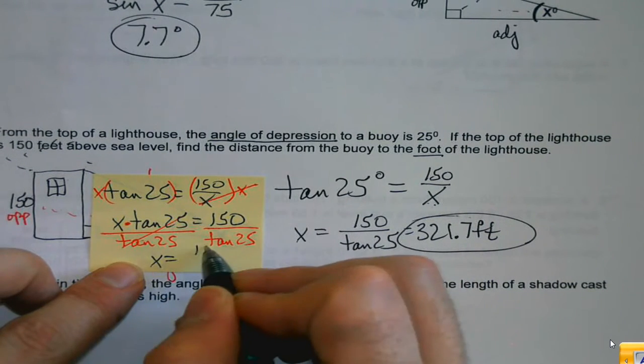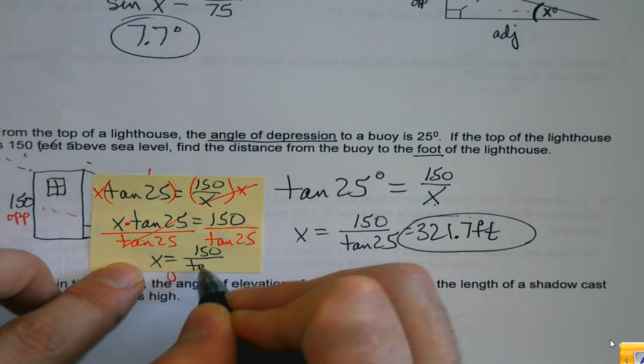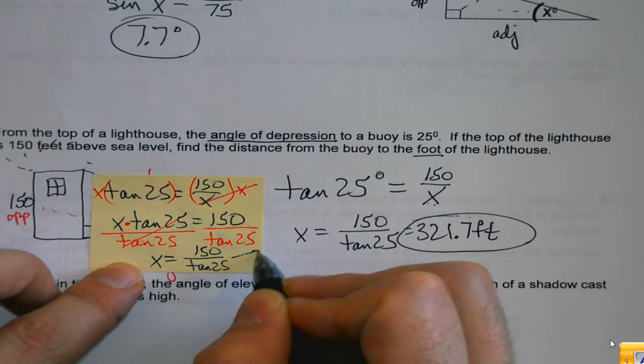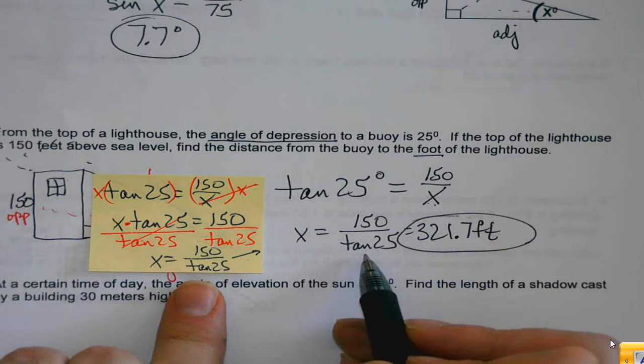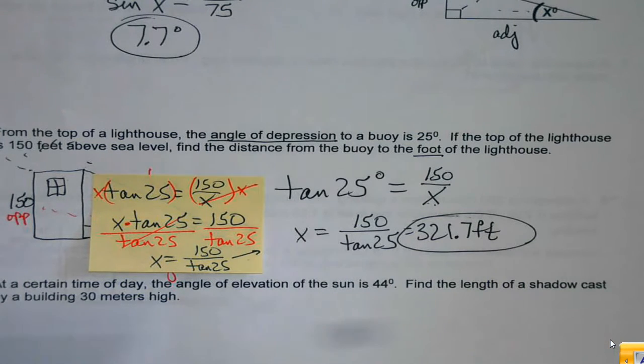And once I do that, notice I've got the same expression to put in the calculator. So the algebra way works, and the little shortcut way works. It doesn't matter which way, they'll all get you to the same thing. It's just about taking your time and making sure that you're getting things drawn up well.